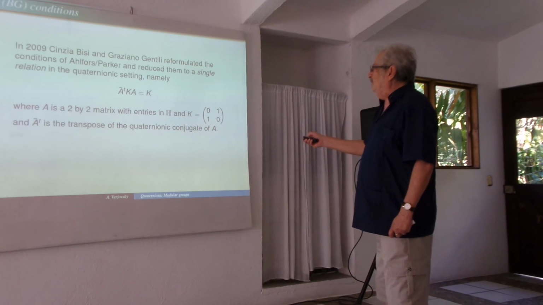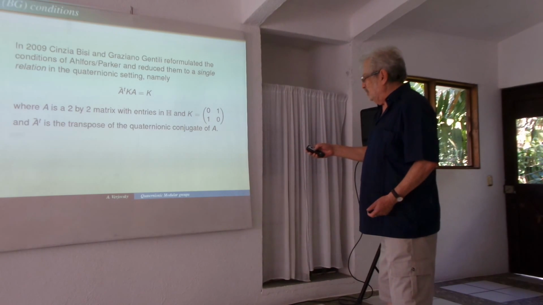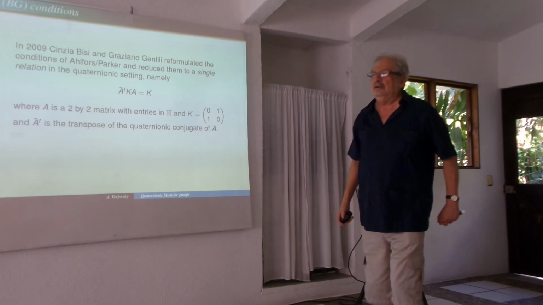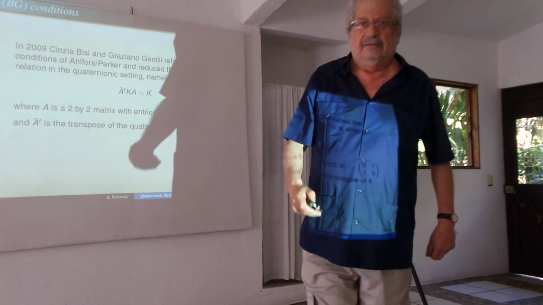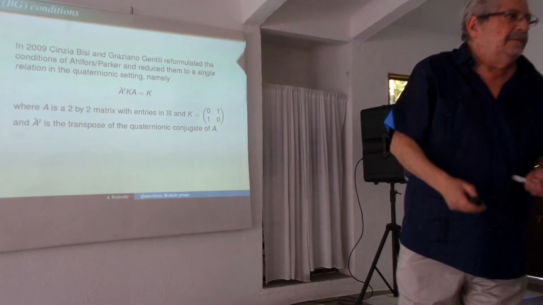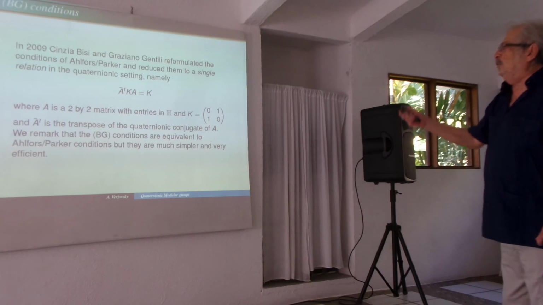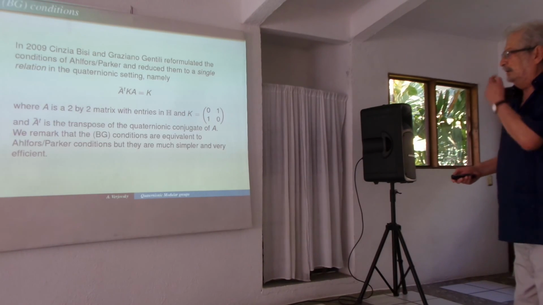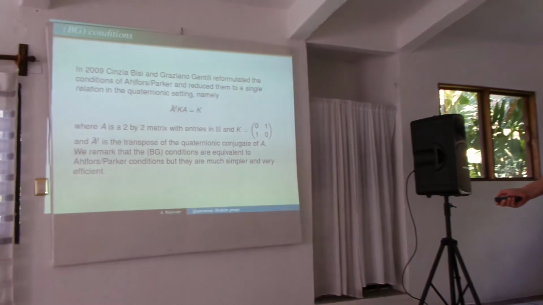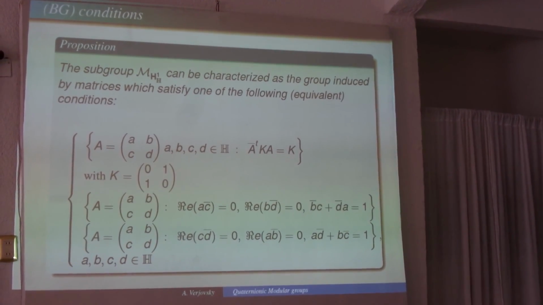So you just have to verify that. This is the transpose conjugate, the usual transpose conjugate. So one single condition tells which Moebius transformations preserve the upper half space. We call these the PG conditions, and these are equivalent to the Ahlfors-Parker conditions, but they are very efficient. Otherwise, we wouldn't be able to obtain what we have.